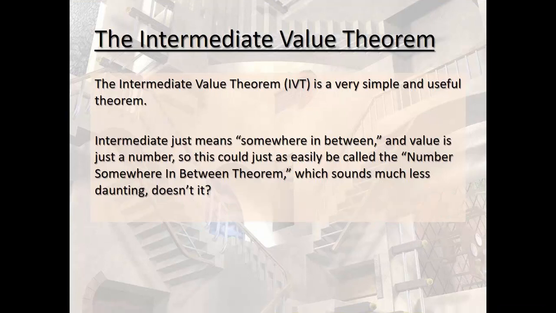Anyways, now that you know that, let's talk about the intermediate value theorem. An intermediate value theorem is something that's really kind of a no-brainer, and yet it's kind of helpful. So let's break this down first, because intermediate value theorem sounds a little bit daunting. Let's just concentrate on one word at a time.